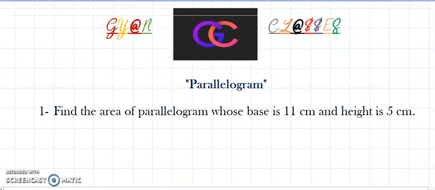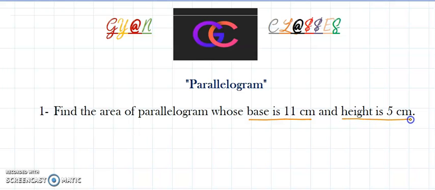The question number 1 that you can see on the screen is that we have to find the area of a parallelogram whose base is 11 centimeter and the height is 5 centimeter. As we know, the area of parallelogram is equal to base into height.